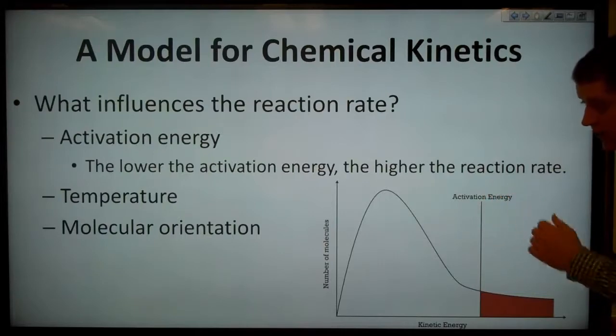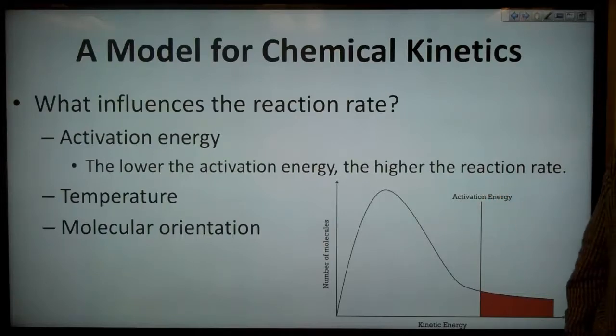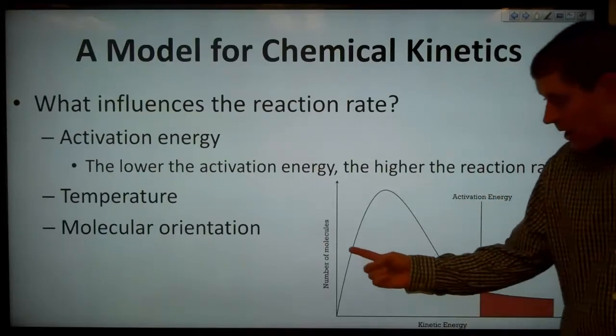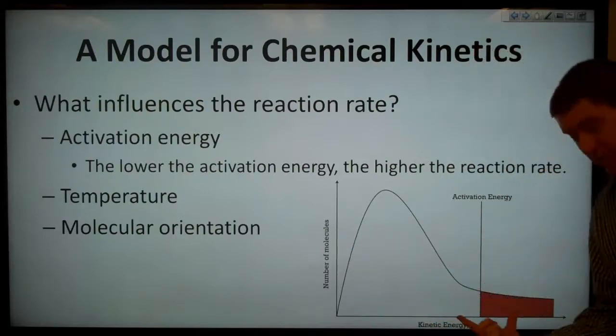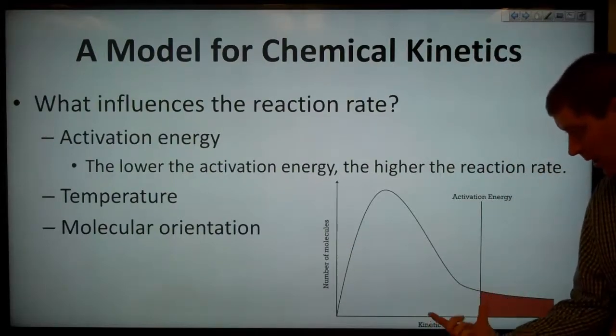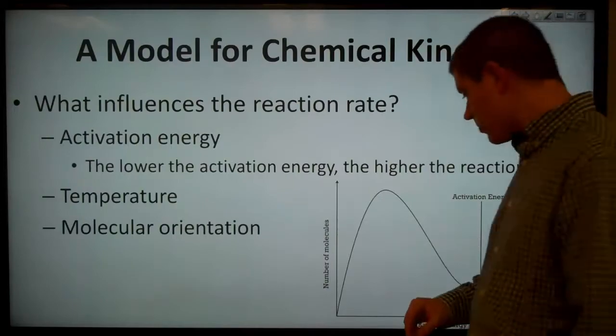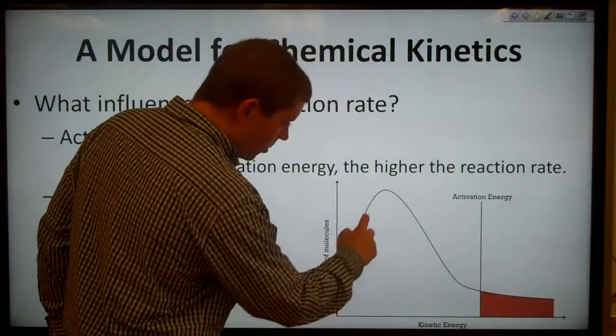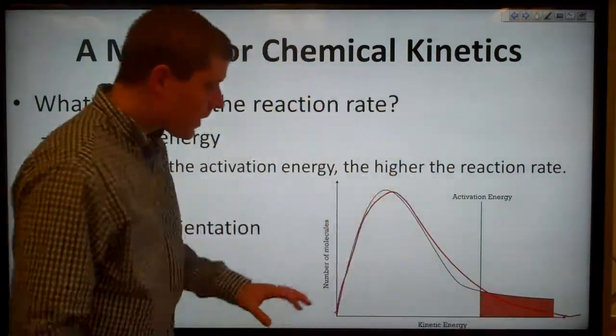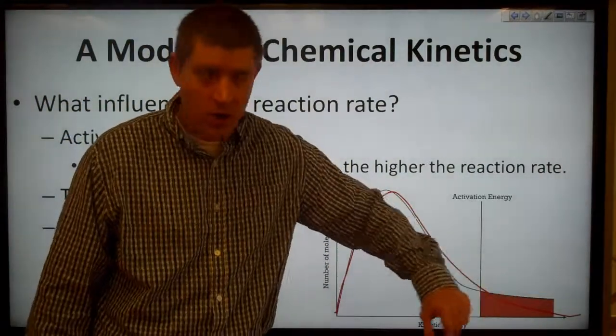Again, our activation energy is influencing our reaction rate because if we plot the number of molecules that have some kinetic energy, this curve isn't totally drawn right, but it's close, we have a curve that looks something like this, and so it's exaggerated over here on this end.